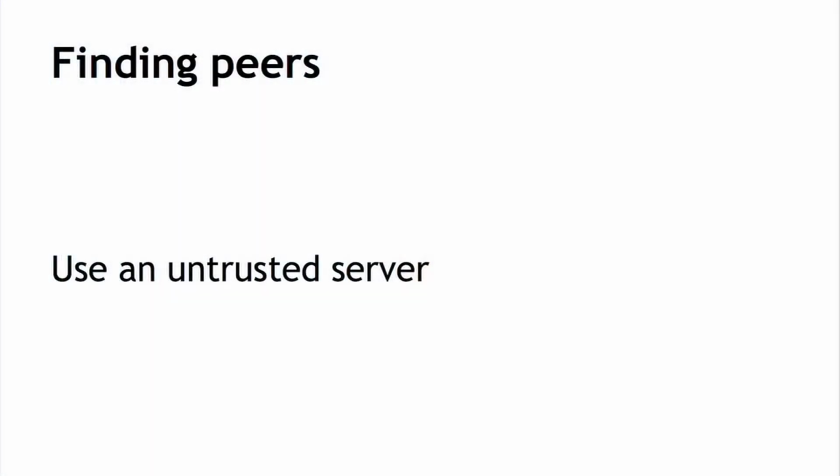So now let's look at what are some possible solutions to each of these three problems. Well, the first one, how to find peers, is a very simple solution. It's not a perfect solution, but people consider this to be somewhat okay. You simply use an untrusted server. It's sort of like a watering hole where different users can connect and find each other, but the server is not necessarily involved in any way that the users have to trust in running the protocol.